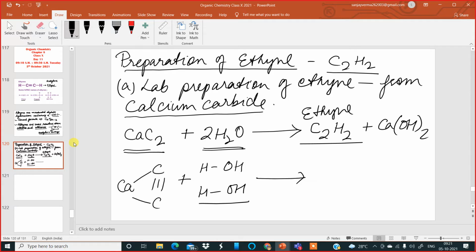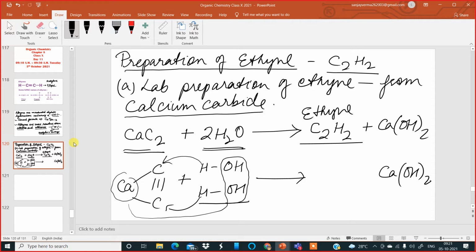When the reaction happens, this calcium detaches from the carbon-carbon triple bond and combines with the two OH to give calcium hydroxide, Ca(OH)2, and then this hydrogen and this hydrogen attach to the carbons. So it forms HC triple bond CH plus calcium hydroxide. This is how we have to generalize the lab preparation of ethyne from calcium carbide.